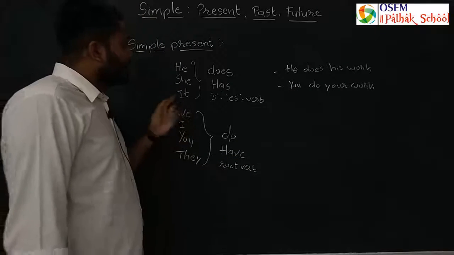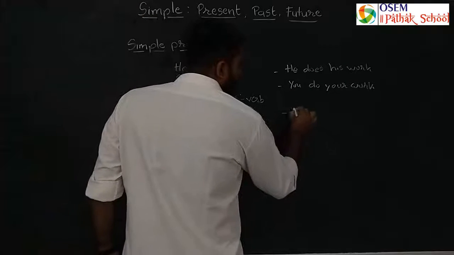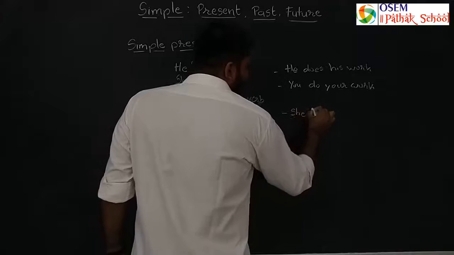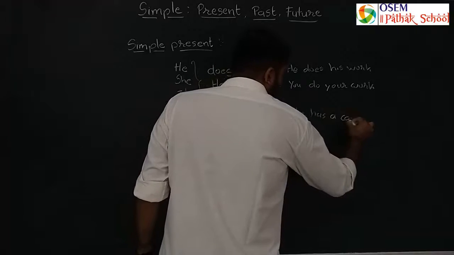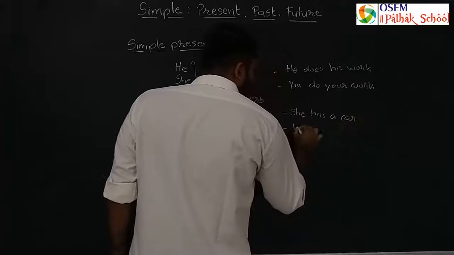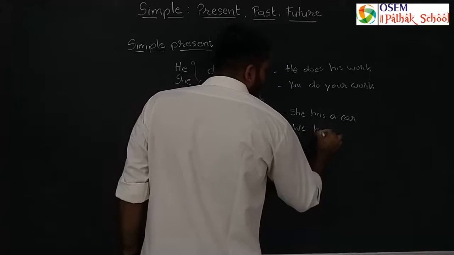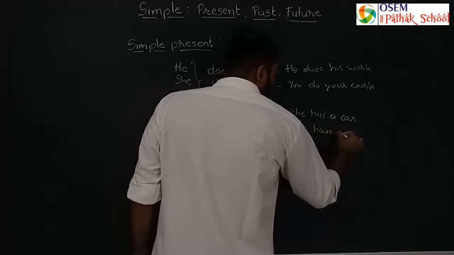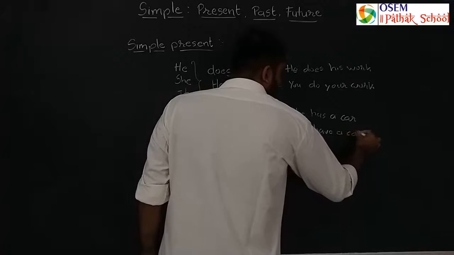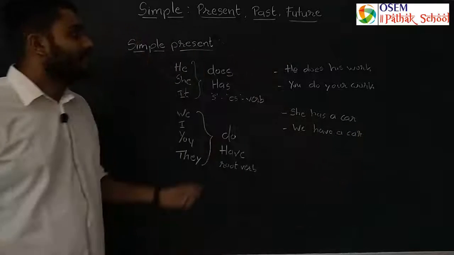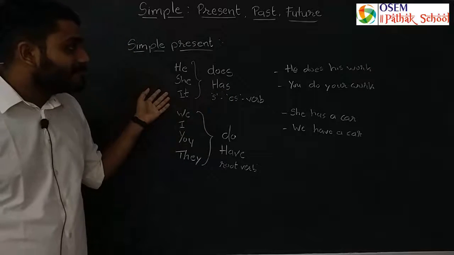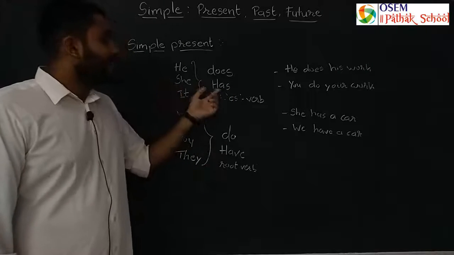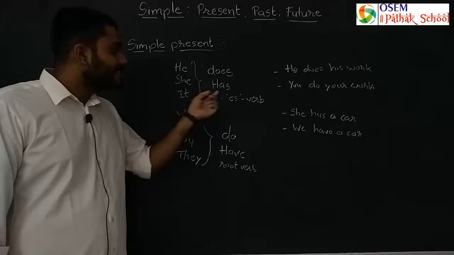Likewise with has: she has a car. We have a car. So in has also, with he, she, it, we will use has. He has, she has, it has.